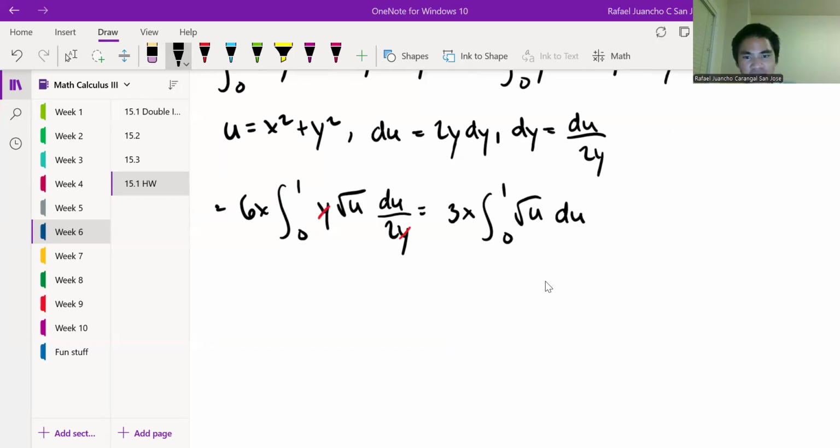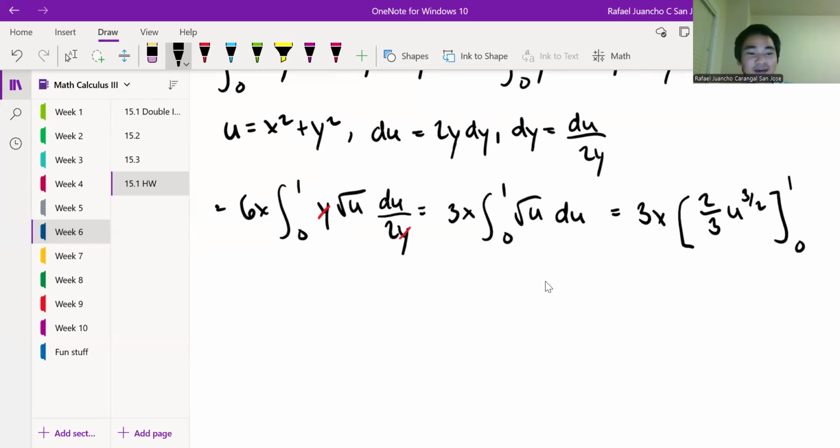And then from there, I just evaluate this integral. So I get something like 3x. And then this is, I believe, u to the 1/2. So I add a 1. I get 2 over 3 u to the 3 over 2, 0 to 1.